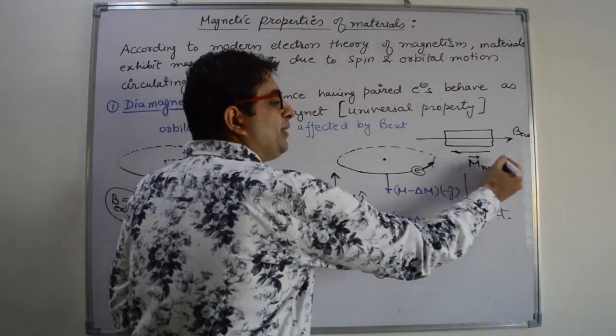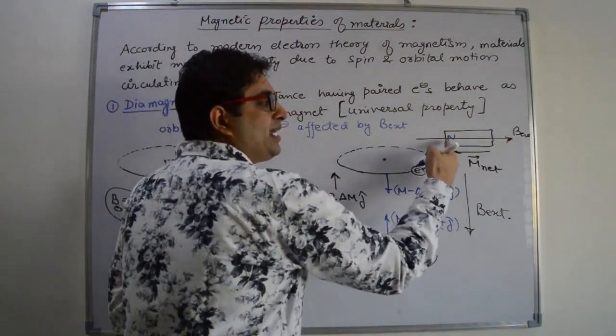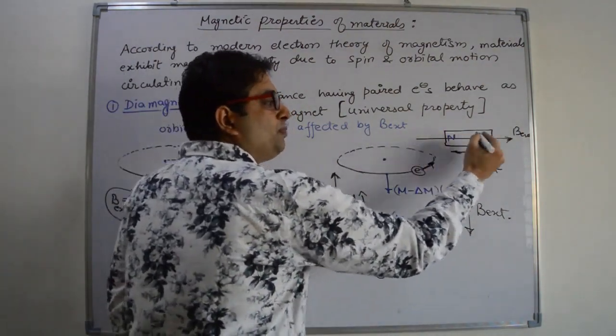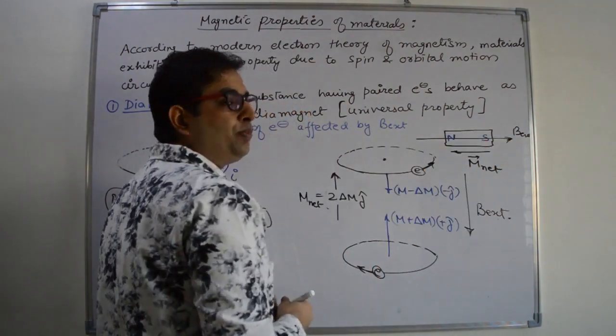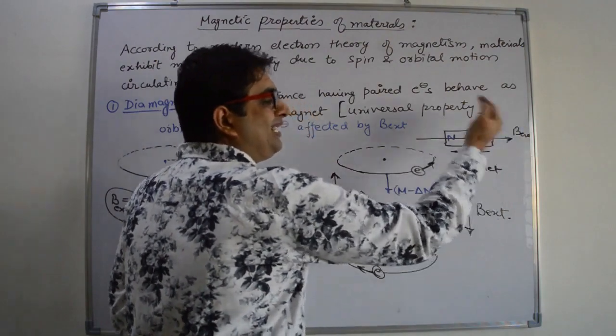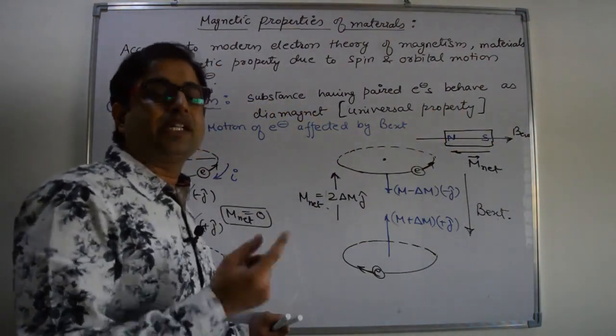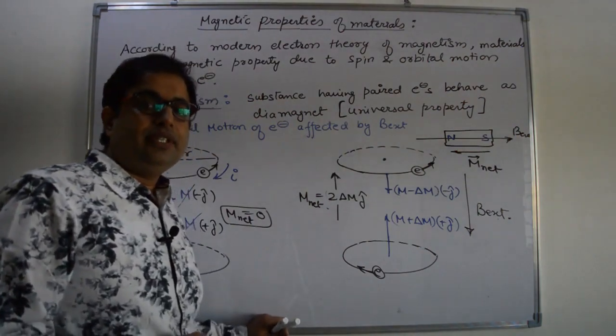So the net magnetic moment will be in the opposite direction. So this end will work as north pole and this end will work as south pole. So this type of material will magnetize in the opposite direction whenever we place it in an external magnetic field, right?